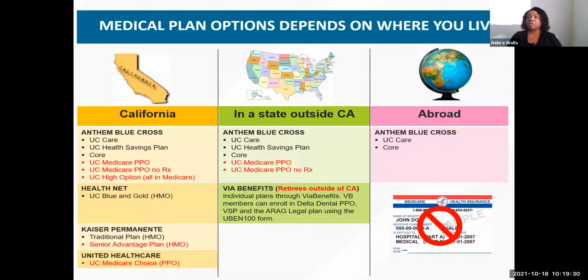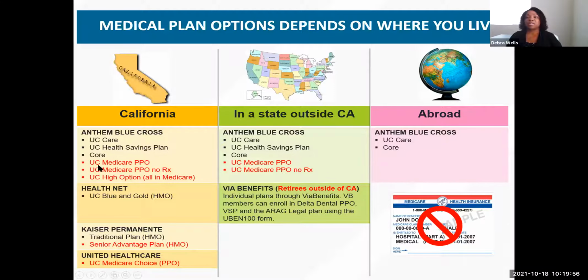Now, how UC coordinates Medicare and your UC-sponsored medical plan. It's all dependent upon where you live. So if you're still living in the state of California and you're retired, all the plans listed on the far left are the plans that you have available to you. The plans listed in black ink are your non-Medicare plans.